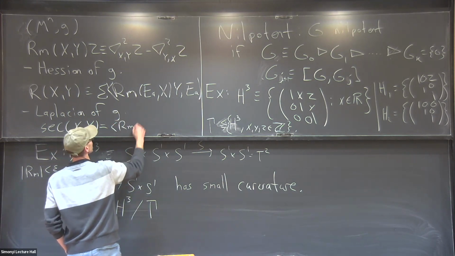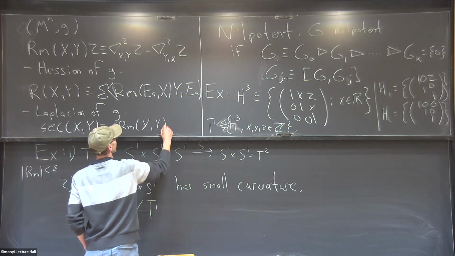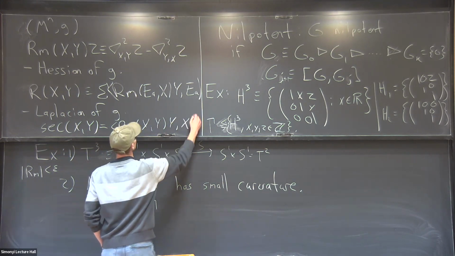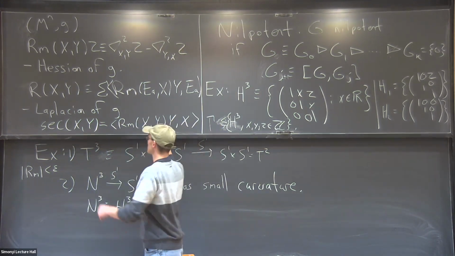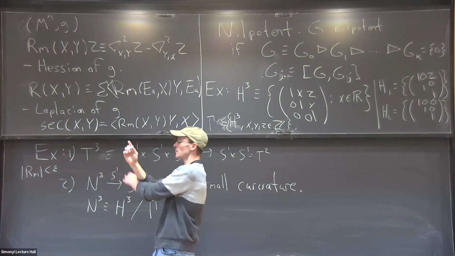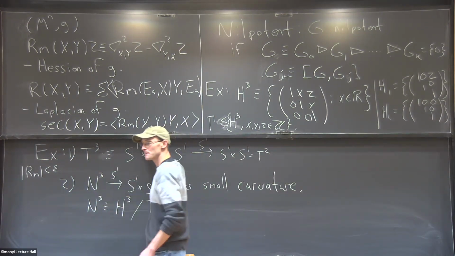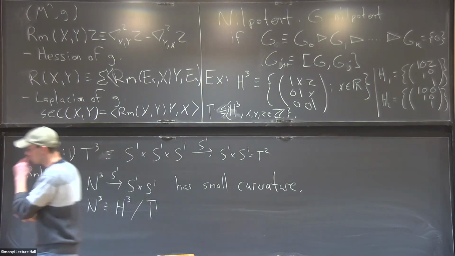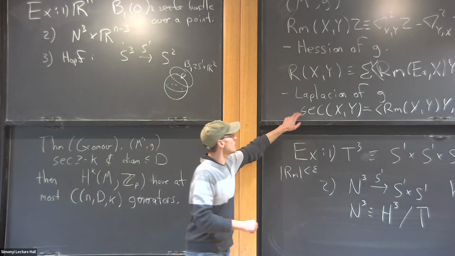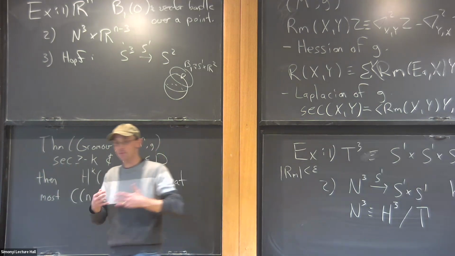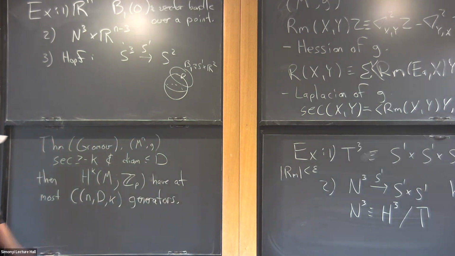This is the Riemann curvature of X, Y, Y, X. So it's certain directions of the Hessian. It's within the two-plane spanned by X and Y, and you want to look at the part of the curvature coming from that. The eigenvalues of this recover the eigenvalues of this. So it's the same information packaged a little bit differently.